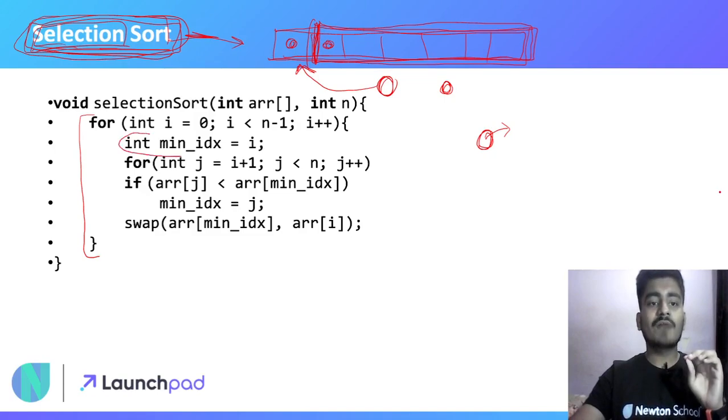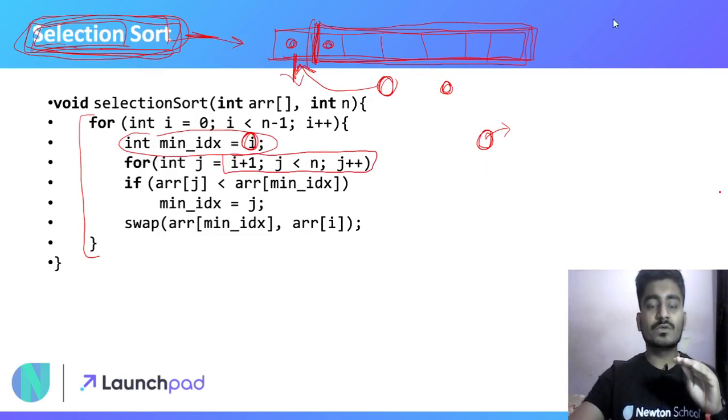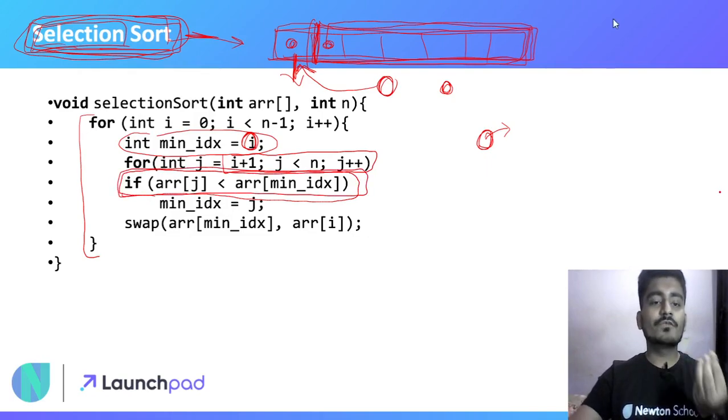Now suppose that min index is right now i. Okay, now you will iterate from index i plus 1 up to index j. That is, suppose you are at the current index and you have to get the minimum index for this, then you will iterate from this to this position, and you will just search for the minimum element index. Whenever you get some value that is less than your minimum index value, you will simply change your minimum index to j.